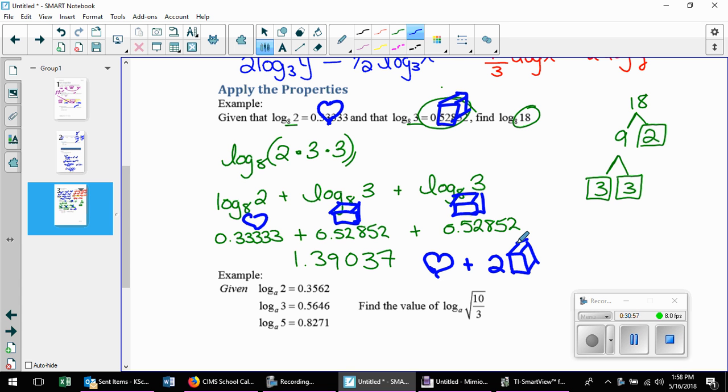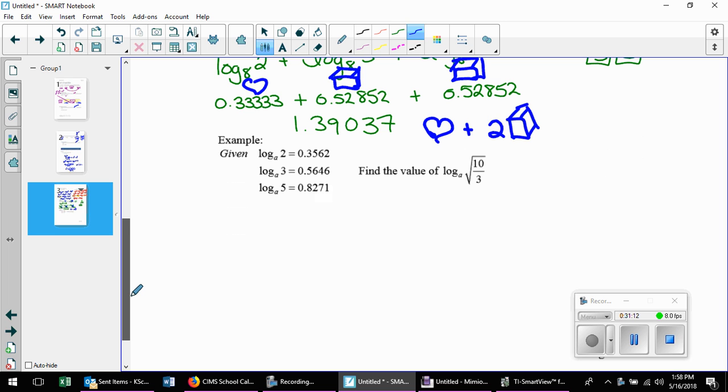In the non-calculator part, people start freaking out because they can't answer it. It gives you all the information. You just have to do your factor tree or your shape tree. This is the exact same thing.